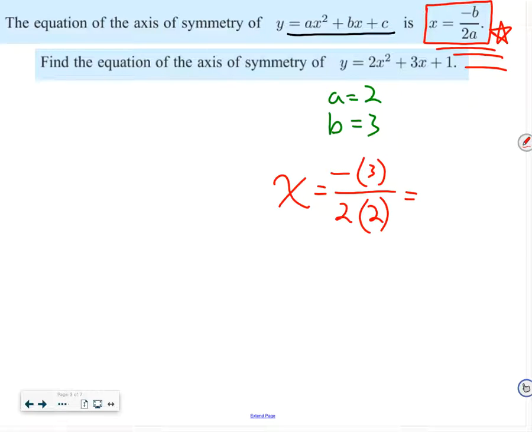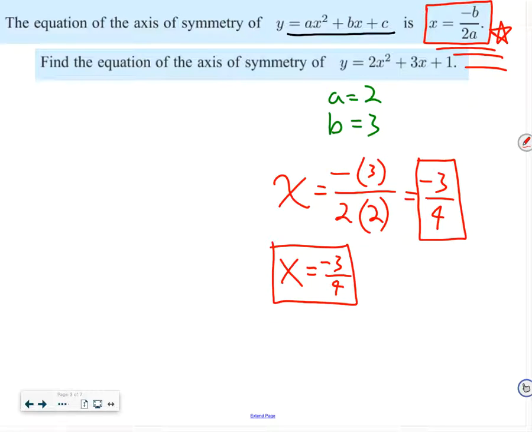So this is going to be negative 3 over 4. Always simplify this fraction whenever possible, but negative 3/4 can't be reduced, so x equals negative 3/4 is our line of symmetry, or axis of symmetry.